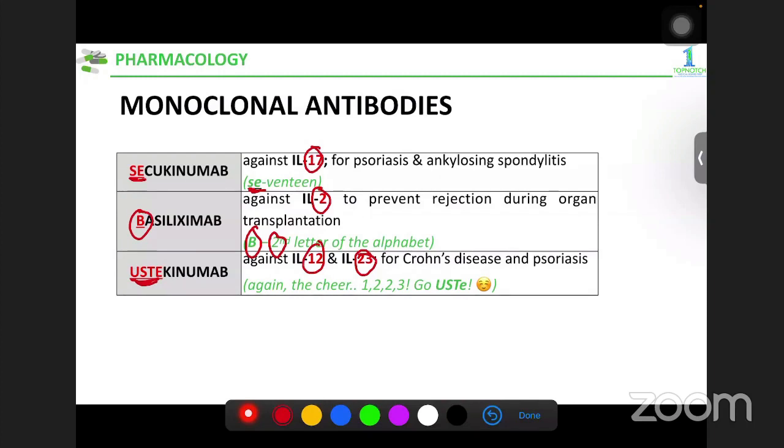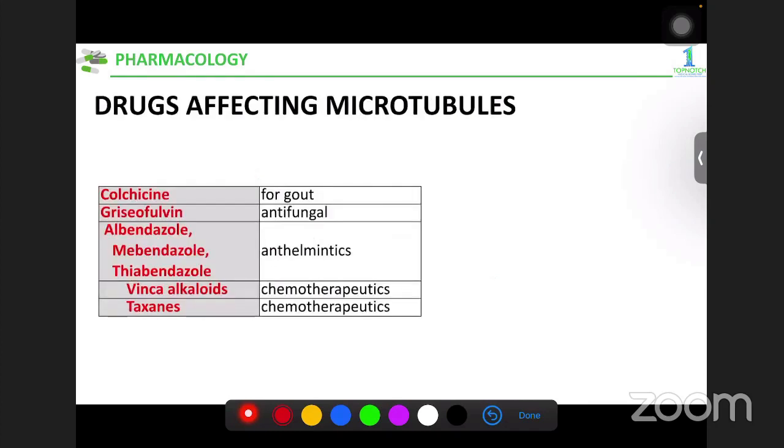Like the cheer. So 1, 2, 2, 3, or December 23, or 12, 23 is good too. Just remember, they target interleukins.